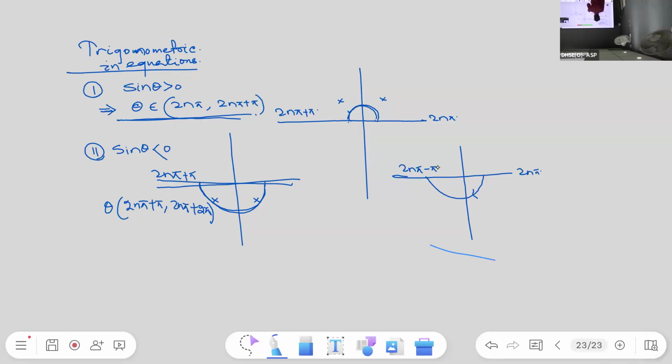So put it down: sin theta less than 0 implies theta belongs to 2n pi minus pi to 2n pi. Clear? Quickly note it.